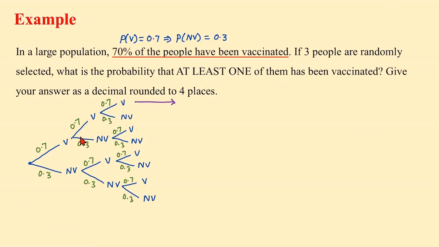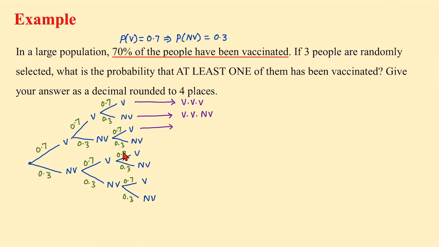So now if we look at the results here, the first person is vaccinated, second is vaccinated, third is vaccinated. Vaccinated, vaccinated, and vaccinated. If you look at the second possibility, first is vaccinated, second is vaccinated, third is not vaccinated.